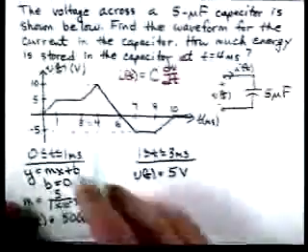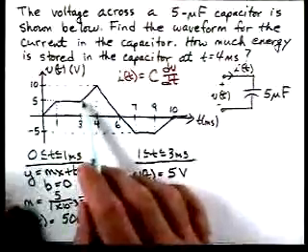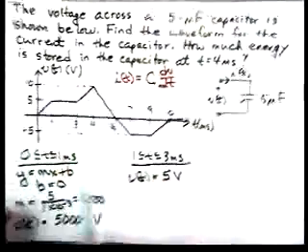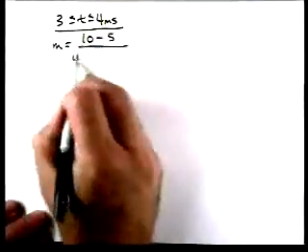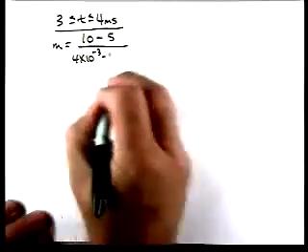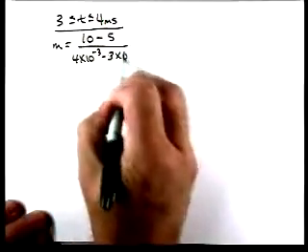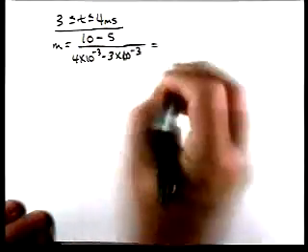If we look at our waveform here, the voltage is going to go from 5 to 10 over a millisecond. So our slope is 10 minus 5 over 4 milliseconds minus 3 milliseconds, which gives a slope of 5,000.